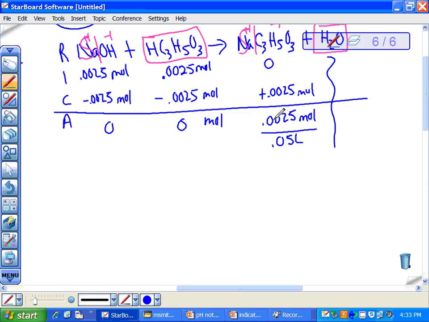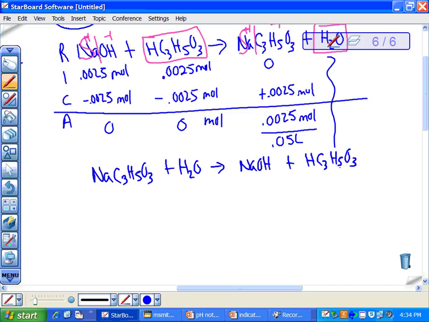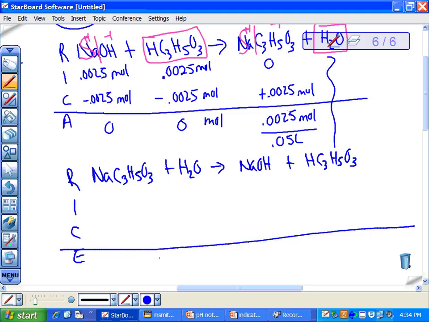And then you're going to take your equation, you're going to flip it around. And you're going to do a rice. And we're going to still get rid of our spectators so we can see something.